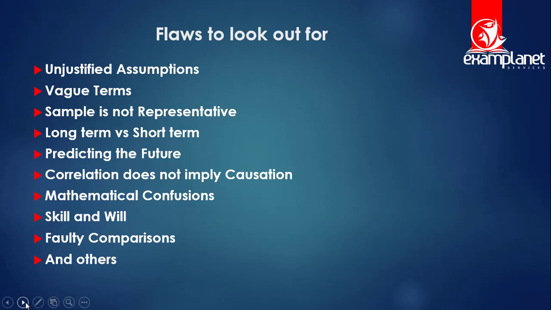It must be true for the premise to support the conclusion. If that assumption is not accounted for within the body of the argument, we call that an unjustified assumption. And you'd have a lot of that in your essays.